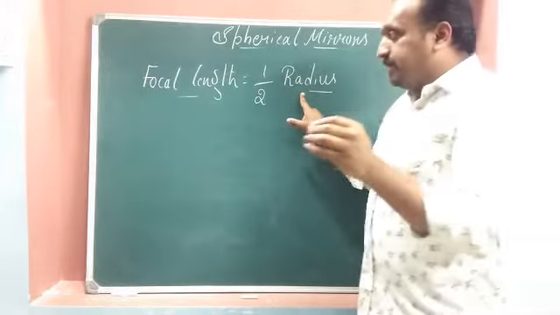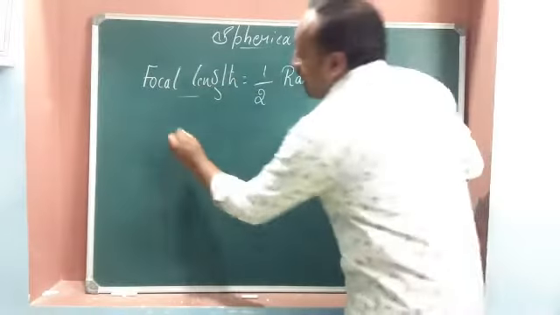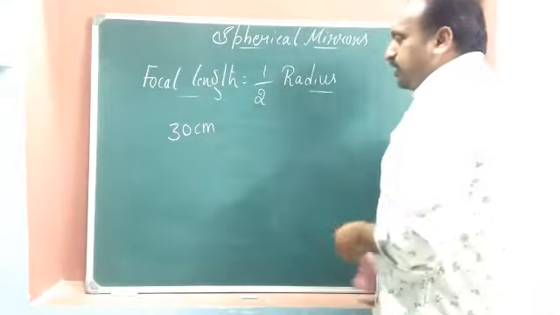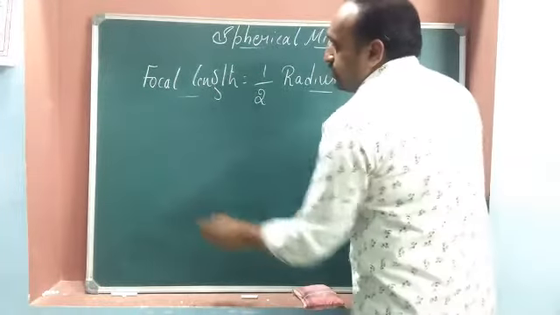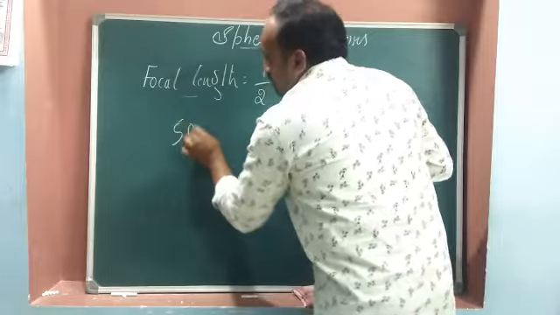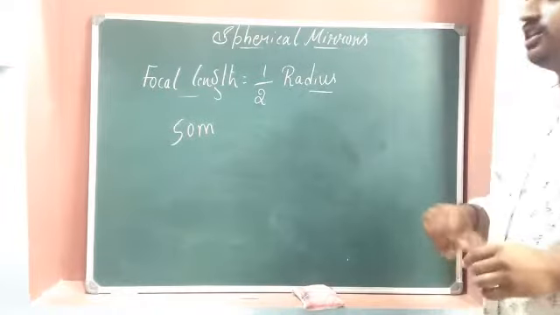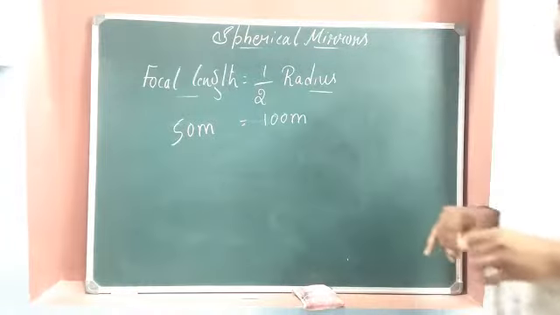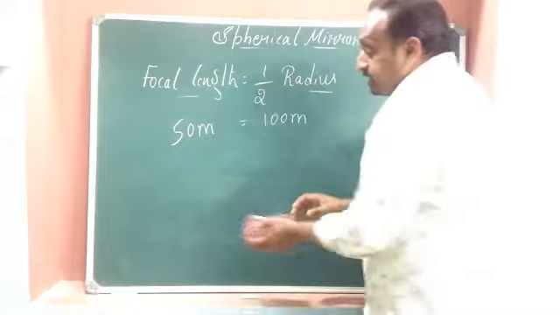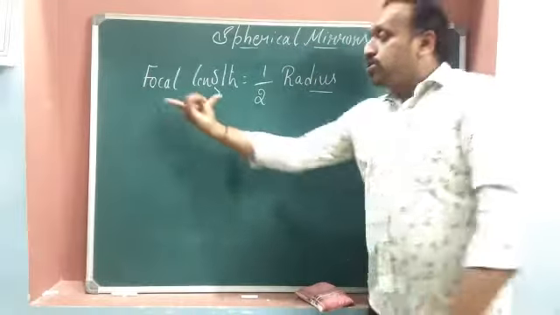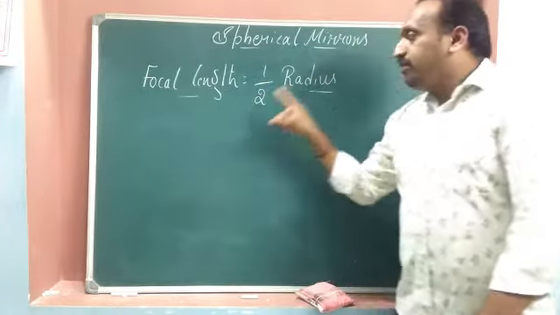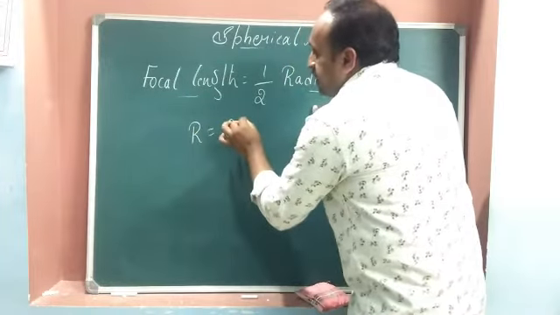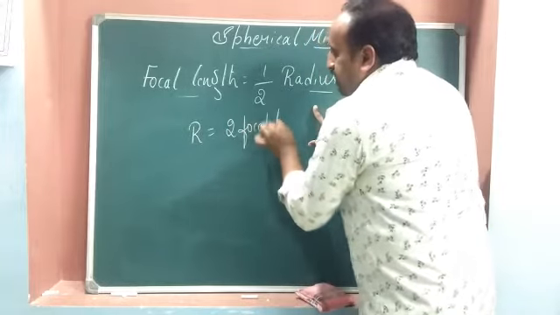For example, if the radius of curvature is 50 meter, then the focal length will be 25 meter. In other words, focal length is half of the radius of curvature, or radius of curvature is twice the focal length.